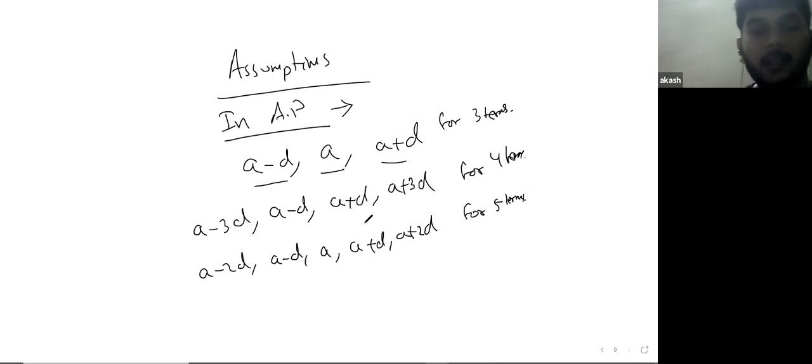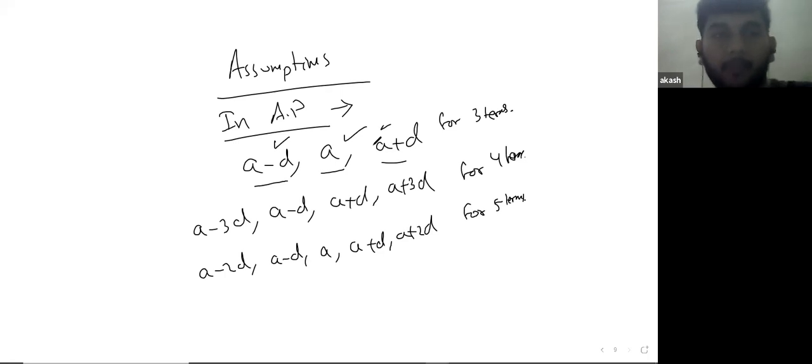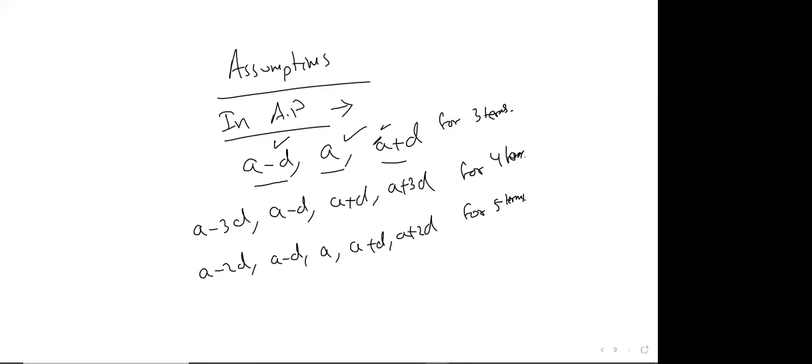In any question, if they ask the sum of first 3 terms or first 5 terms, first 4 terms as this in an AP, then you need to assume the numbers as this. Let the numbers be A minus D, A, A plus D. Why do we do this? Because when you add this, the D is cancelled and you will have only one variable. It's very convenient. Are we clear? Yes, sir.